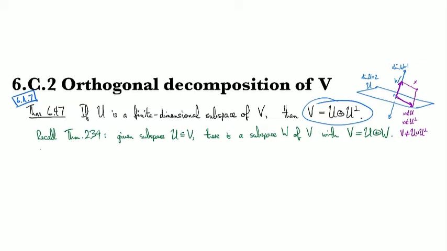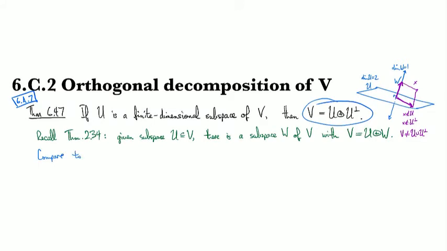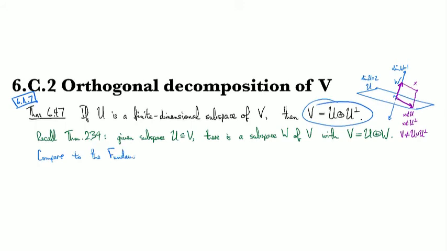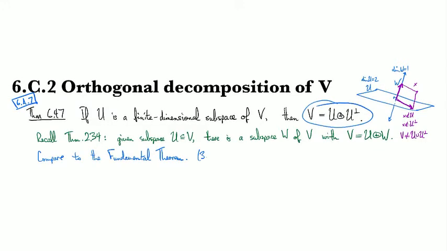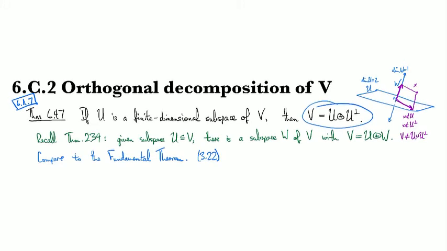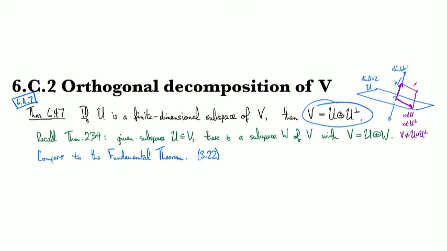Okay, so we can also think, by the way, of this breakdown as being a spiffified version of the fundamental theorem. So this one's in the book as 3.22. I described it, however, a bit different. I described it in terms of subspaces instead of just dimensions of those subspaces.